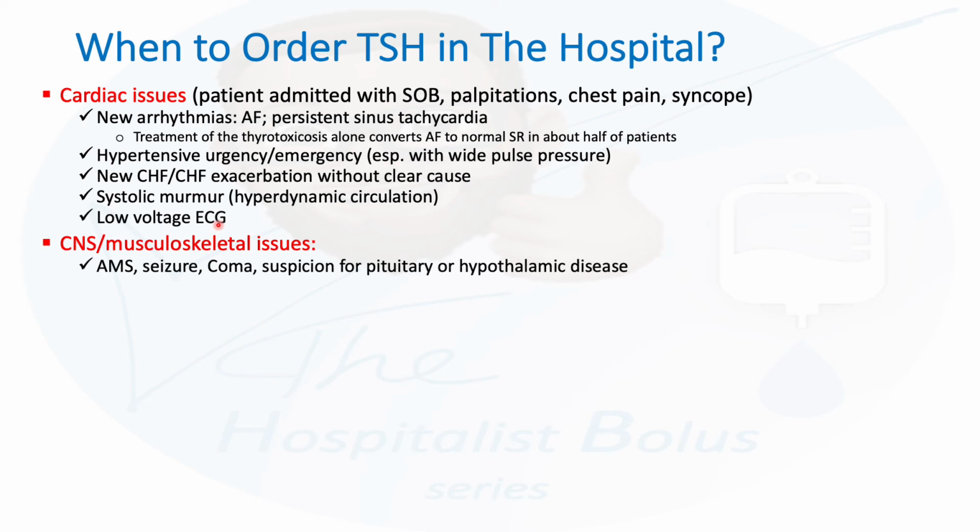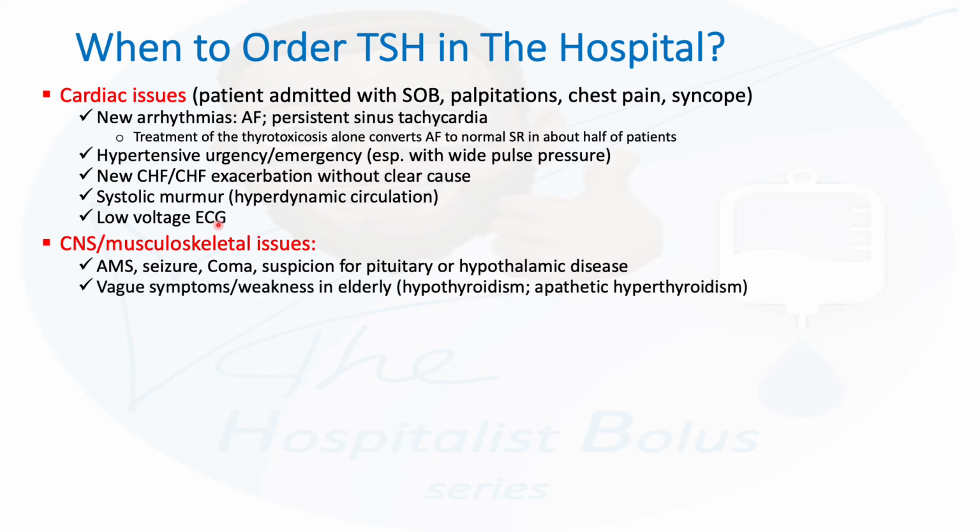Now, also CNS can be affected, and musculoskeletal disorders. Patients with altered mental status, seizures, even coma, or any suspicion of pituitary or hypothalamic disease. These are sicker patients. Sometimes they might even be the first presentation in some cases, like thyrotoxic crisis or hypothyroid coma or myxedema coma. So this kind of extreme dysfunction, but they can happen. And then patients with some vague symptoms, just tiredness or weakness, especially in elderly.